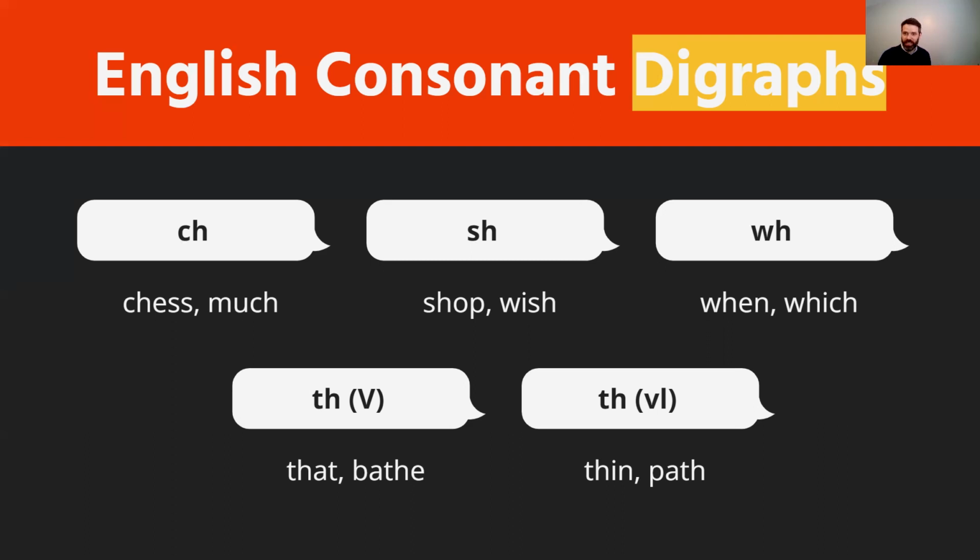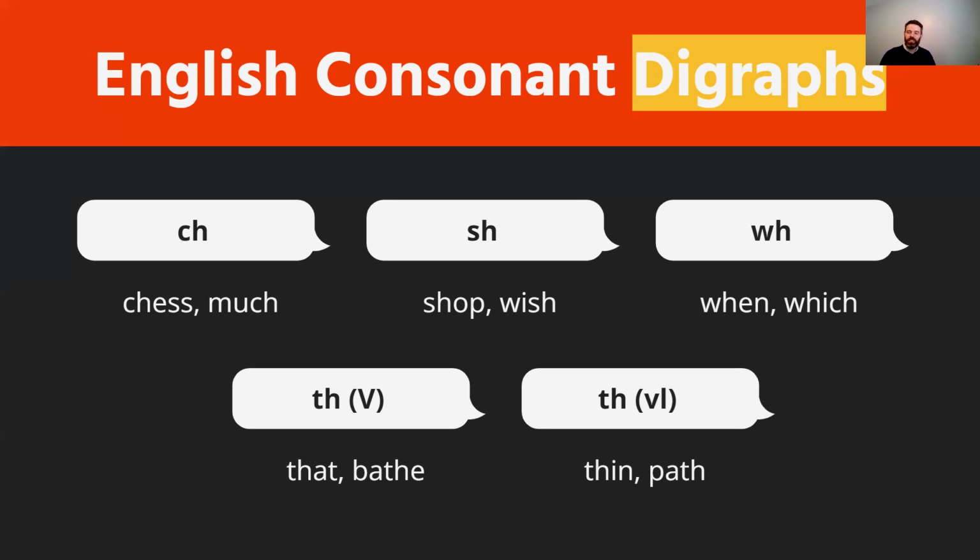Then we have the TH sounds. There's actually two TH sounds, even though they are spelled the same in English. And so one of them is the voiced version, the th sound, and the other one is the voiceless version, the th sound. When I'm teaching students to create this sound, often they come from language backgrounds that just don't have a TH equivalent.